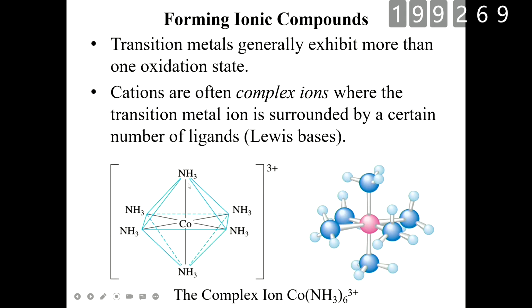The ligand, for example this one, has a lone pair of electrons. The nitrogen's electron configuration is 1s2, 2s2, 2p3, right? The 2p3 forms 3 single bonds with 3 hydrogens.